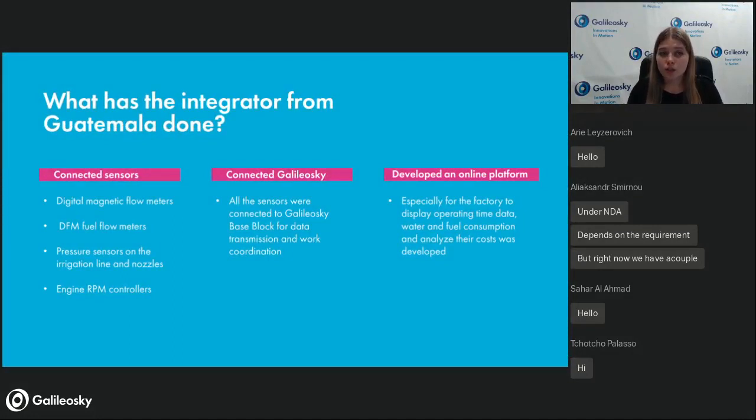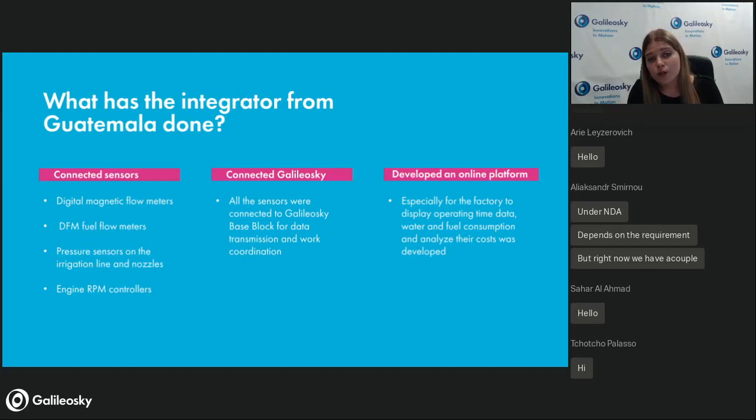Thus, the tracking unit operates power supply of the fuel flow meter and magnetic flow meter, preserving irrigation system battery charge during stops. Besides, Tecomseh implemented pressure sensors, which were connected to the tracker to monitor and measure pressure on nozzles of the irrigation line.